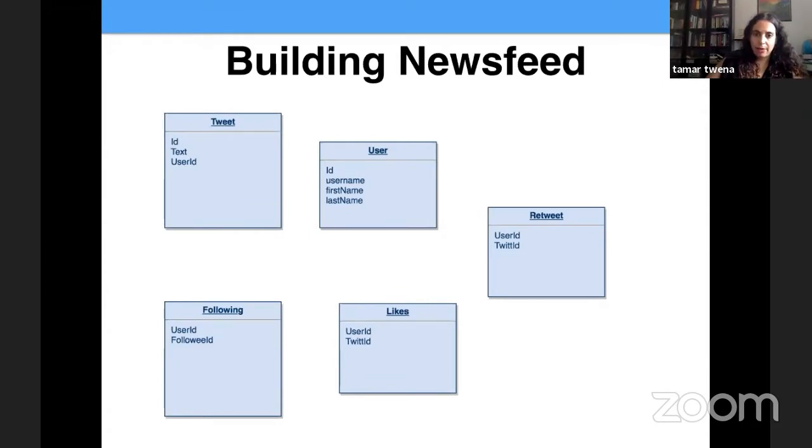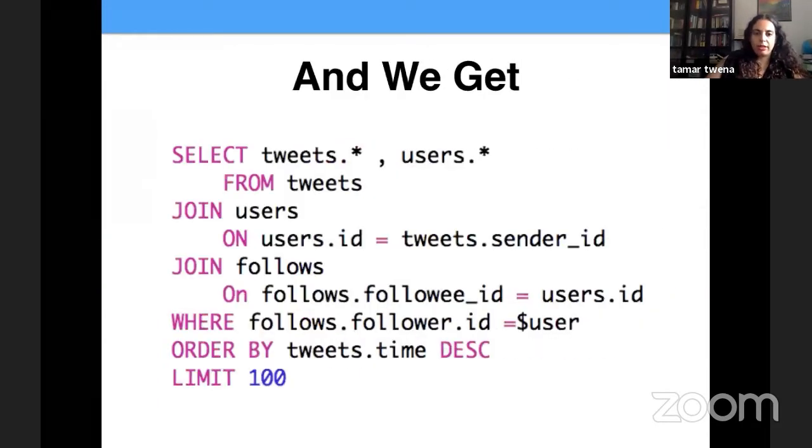In my opinion, we are going to get something like this. You see this query, I have 2 joins over here over my database, and who's following, and the limit, and I have a 100 limit, and that's what I'm getting. And the question to you is how this is going to scale.